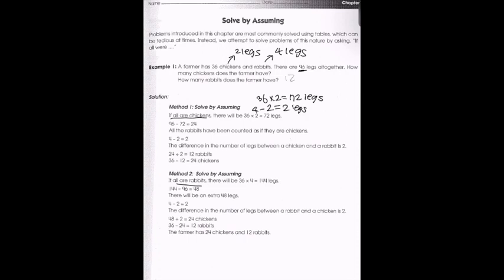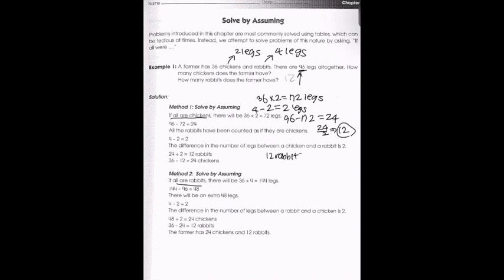So 96 minus 72 is 24, which means we need 24 more legs. Since the difference per animal is 2, 24 divided by 2 gives us 12 rabbits.